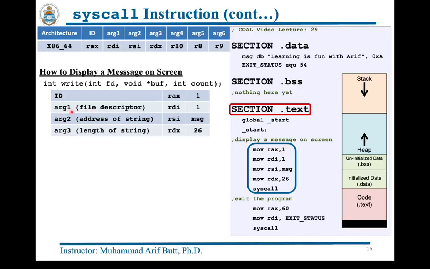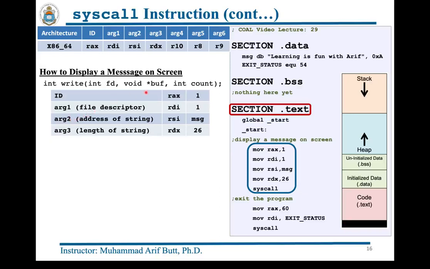As far as the first argument is concerned, we need to place the first argument in the RDI register, and this argument is the file descriptor. And since we want to write on the screen or standard output, and the file descriptor of the standard output is again 1, we have moved 1 inside the RDI register.